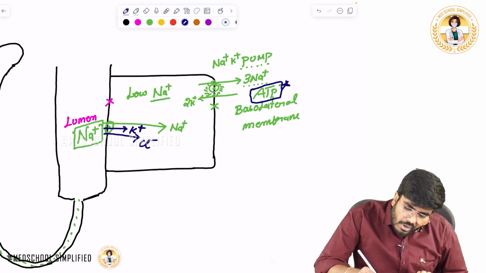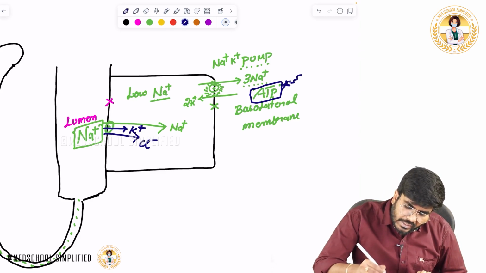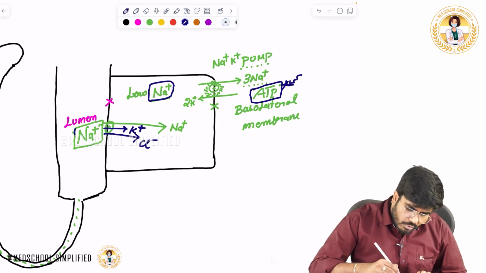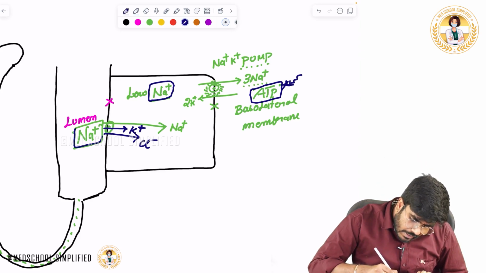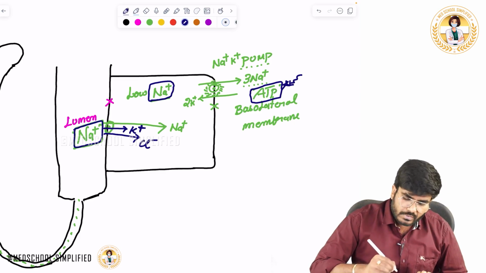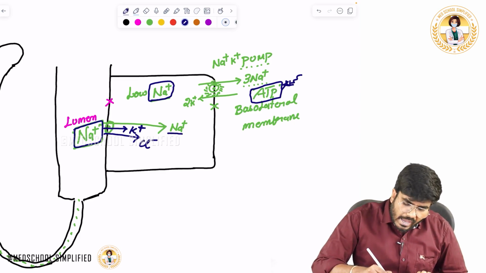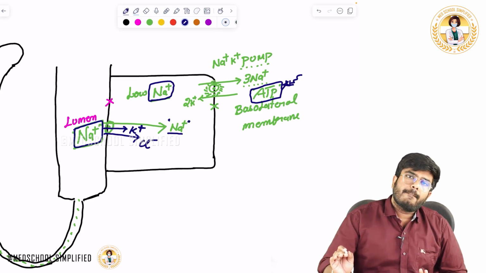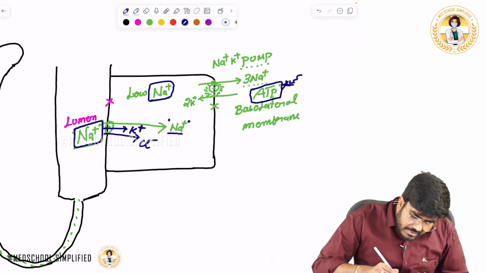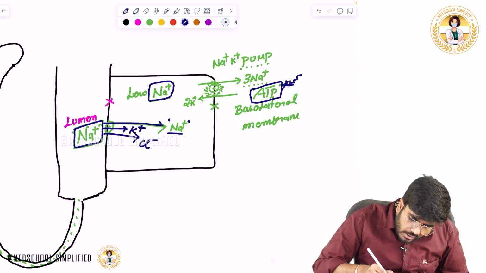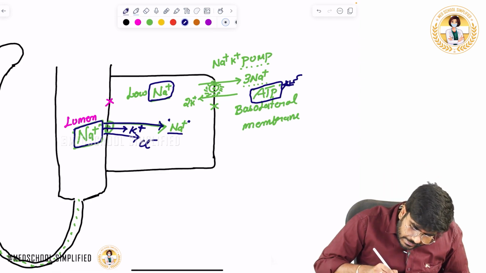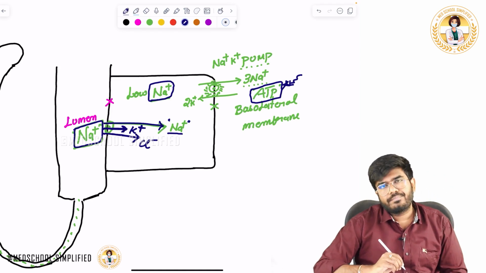Because of the usage of this ATP, the intracellular sodium levels are kept less. So sodium is moving from high concentration to low concentration, and along with the sodium, it will drag the potassium and chloride into the cell.